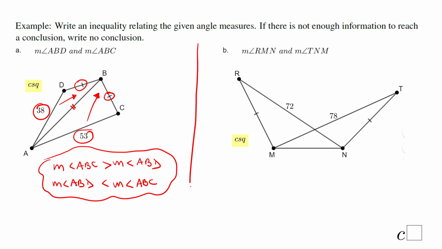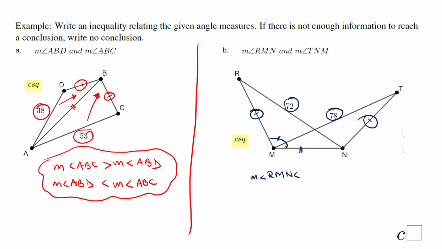Very similar. We notice that these two sides are congruent. This is a common side, MN. And then we notice this is 72 and this is 78. So that means that angle RMN, this one, is what?